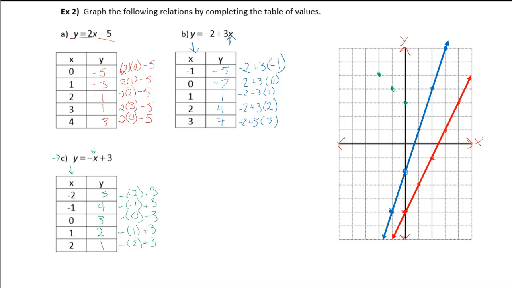Then positive 1, so I go right 1, up 2. And the last point is right 2, up 1. Look at that. It goes down. It's a negative line in this case. So I'm going to draw a line through this, and I'll be right back with that.